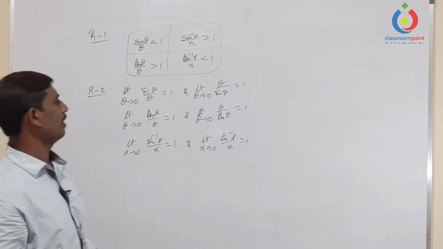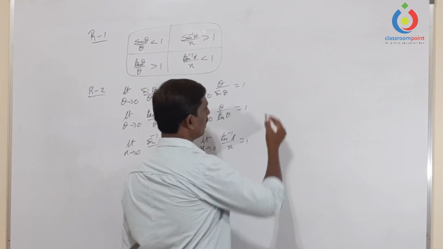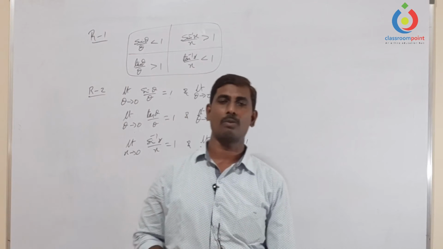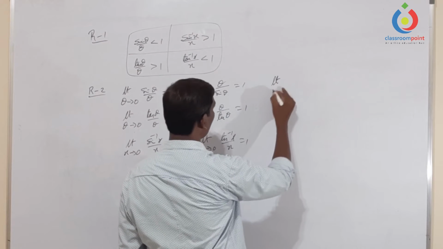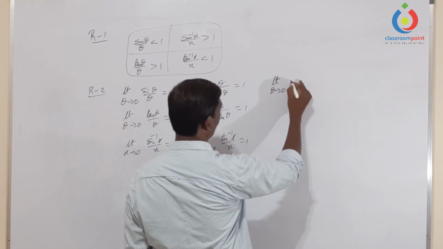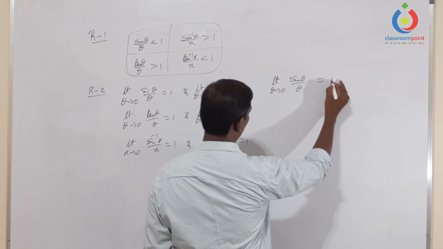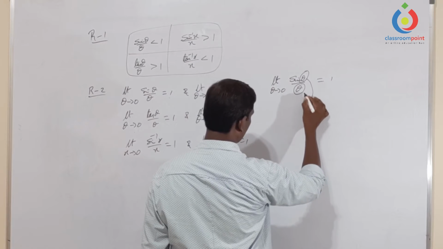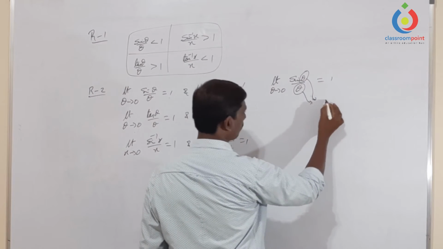And one more very important point, result number 3, keep in your mind: limit theta tends to 0 sin theta by theta is equal to 1 when both of these are the same.